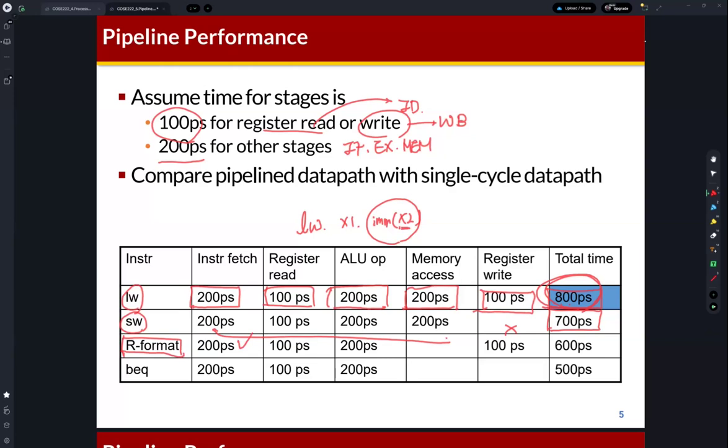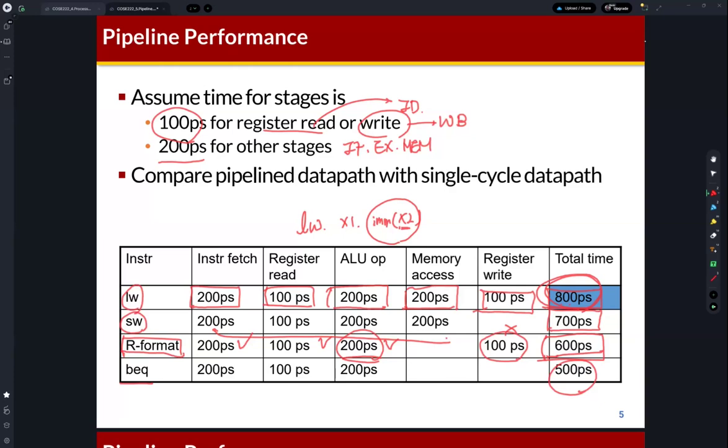Instruction fetch is the same, then register read, and we need to use the ALU, and it will take 100 picoseconds for register write. So the total required time for an R-type instruction is 600 picoseconds. Branch is 500 picoseconds.